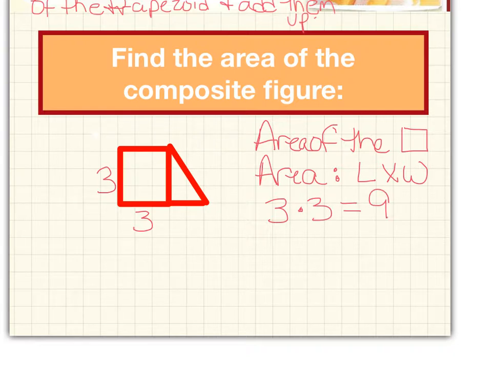Okay, we should also find the area of the triangle. The area of the triangle is 1/2 times the base times the height.